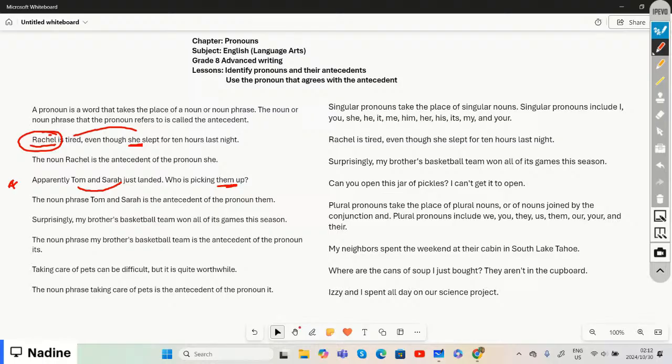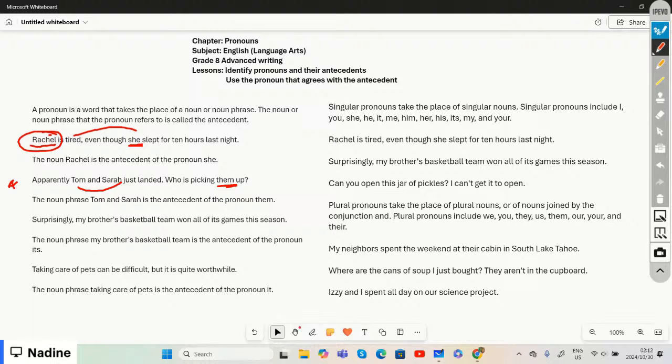Remember, pronouns are words like them, they, she, he, ours, yours, and so on, and they take the place of a noun, for example the person's name.